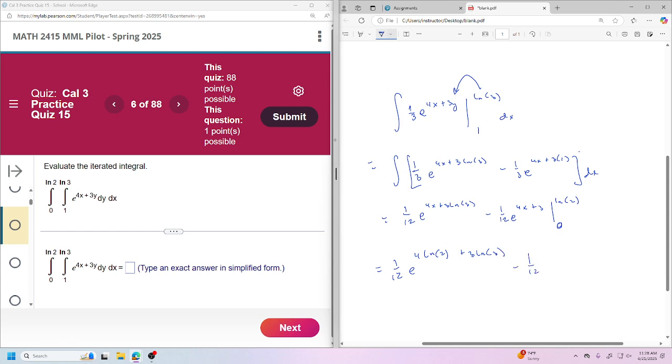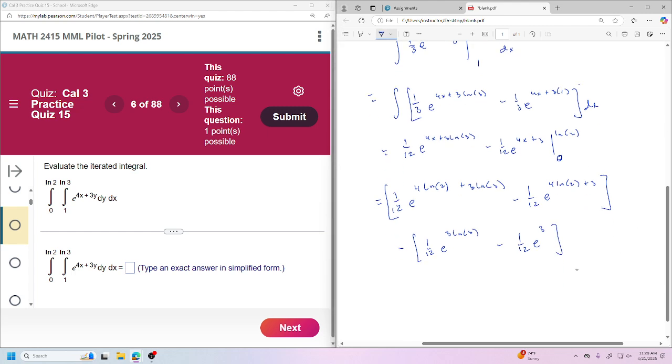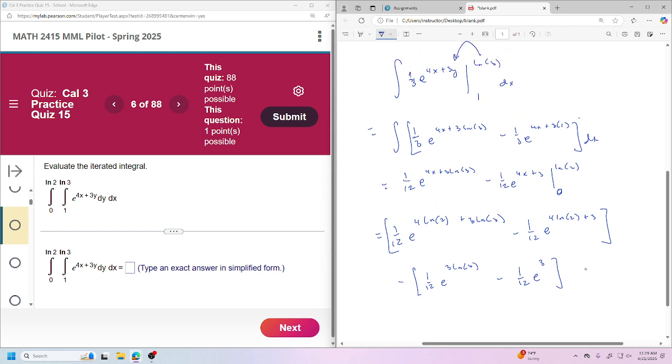Plug in the ln2. Okay, so that was the first one. Minus, now I plug in a 0. Chad, you're driving me insane. Okay, that one's not too bad. So this chunk minus that chunk.